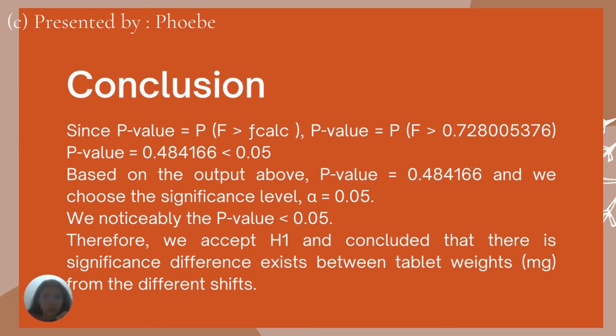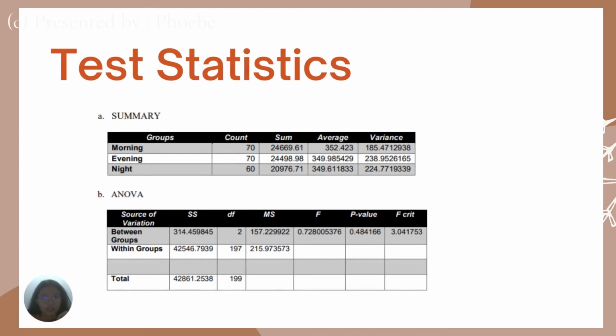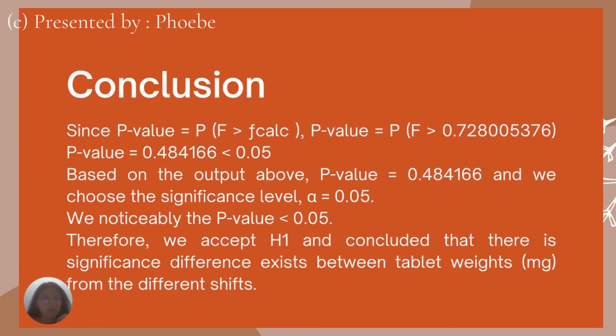This is the p-value calculated in the statistics. We get that the p-value is 0.484166, which is less than the alpha value of 0.05.